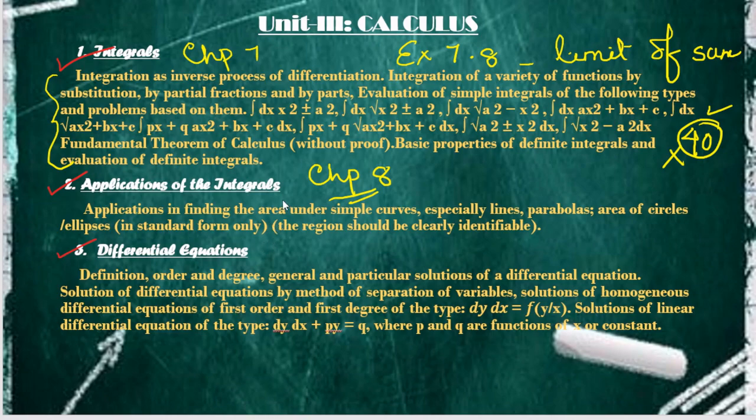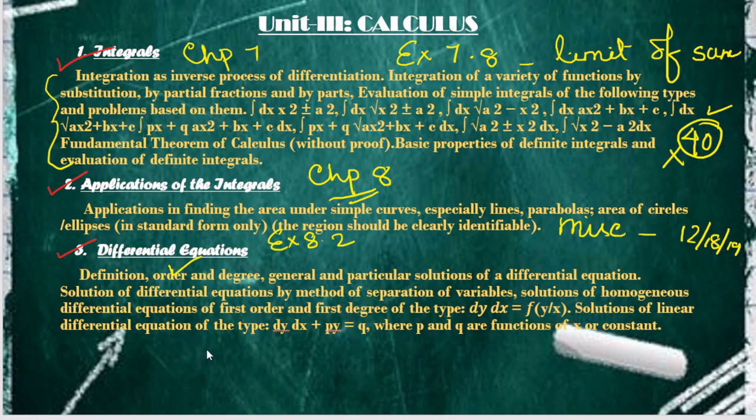In chapter 8, entire exercise 8.2 has been removed. Only 8.1 is there, and from miscellaneous, they have removed question number 12, 18 and 19. And from differential equation, everything is there.